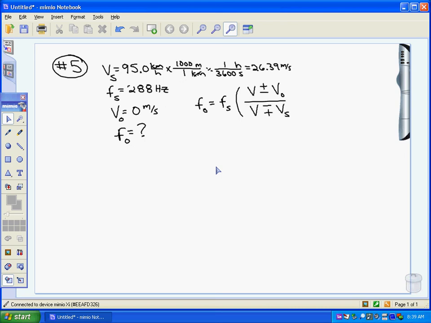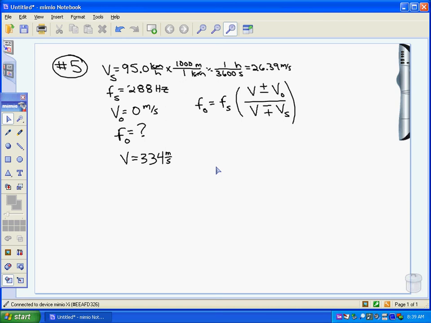Now, one of the things we need to know is what's at the top of the sheet. And it says the speed of sound in air for that particular day is going to be 334 meters per second without any motion. But because the source is in motion, the observer will hear a slightly different frequency.